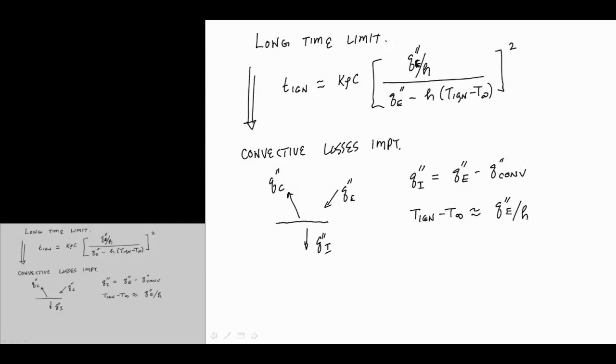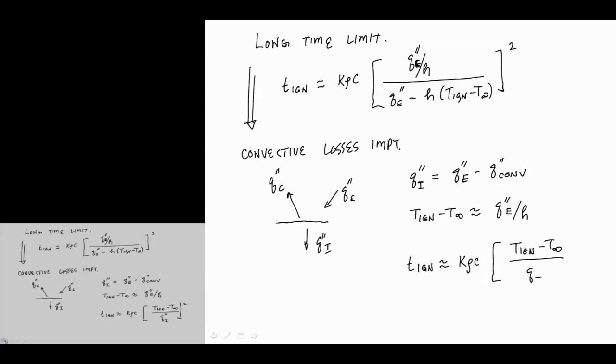So if we put this together in this long time problem, it says that the long time problem can be thought of almost the same way as the short time problem, where it's again just T ignition minus T infinity over Q internal squared. Okay?